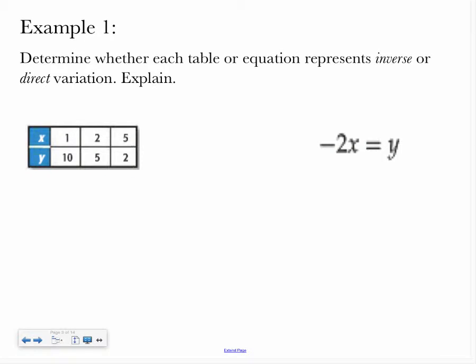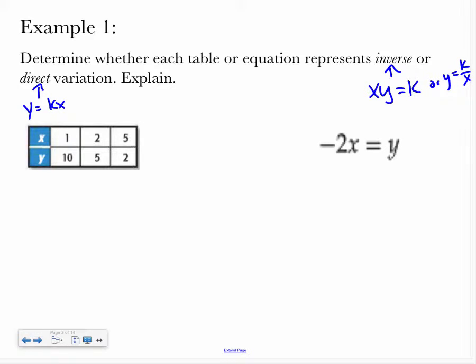So let's look at an example where we're trying to determine whether the information we're given represents an inverse or direct variation, and we need to explain. So if we look at this first one, we have x equals 1, y equals 10, x equals 2, y equals 5, x equals 5, y equals 2. Well, remember, direct variation is y equals kx, or inverse, we just said, was xy equals k, or y equals k over x.